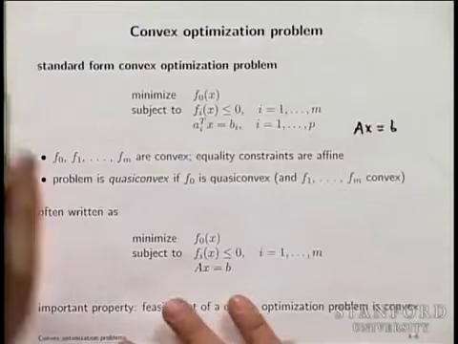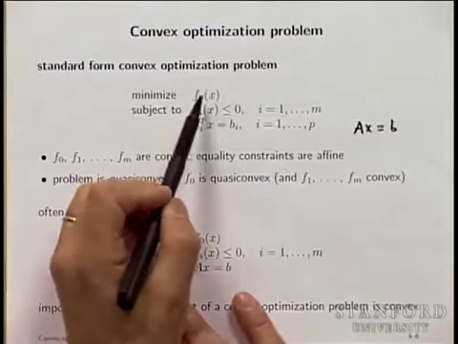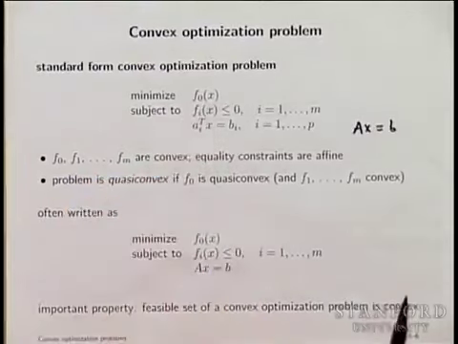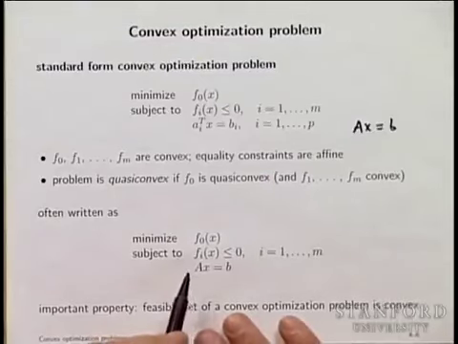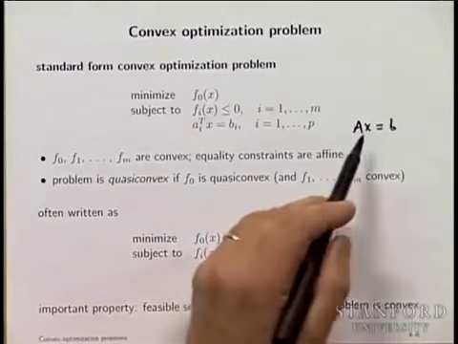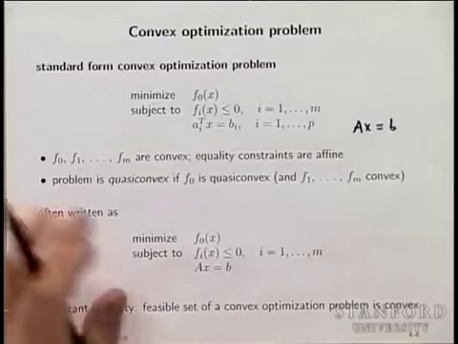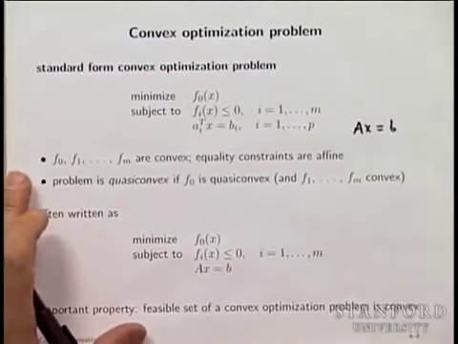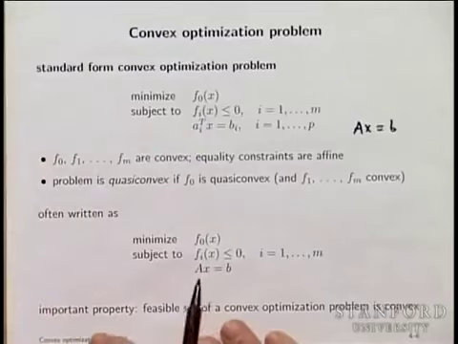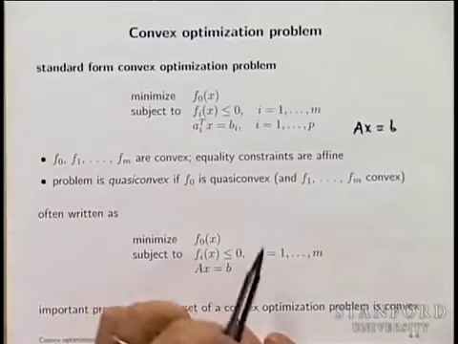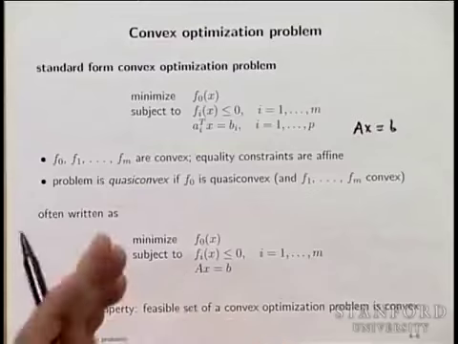Now, if the objective is quasi-convex, then this is called a quasi-convex optimization problem. And you might just write it out this way. This is where I've just substituted for the equality constraints a single matrix-vector equality constraint. Now, the feasible set of a convex optimization problem is convex.